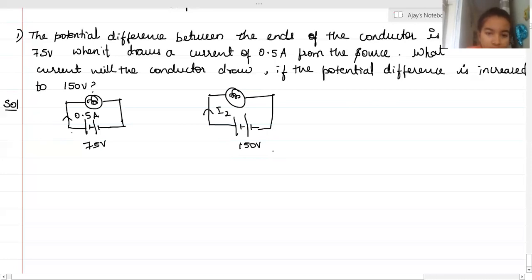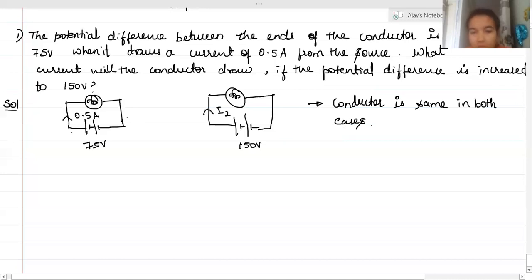Here the conductor is not changed. The conductor is the same in both cases. If the conductor is the same, the resistance will be the same.